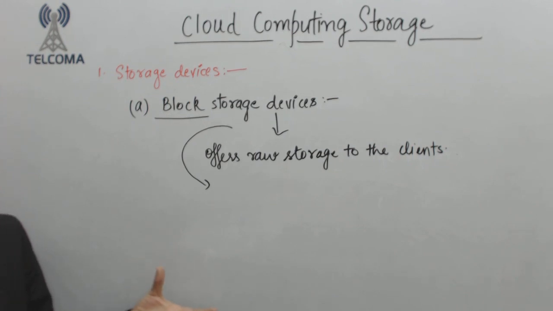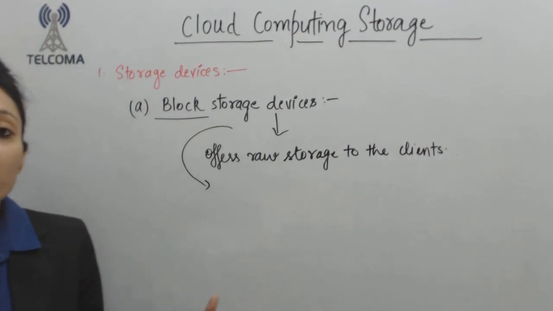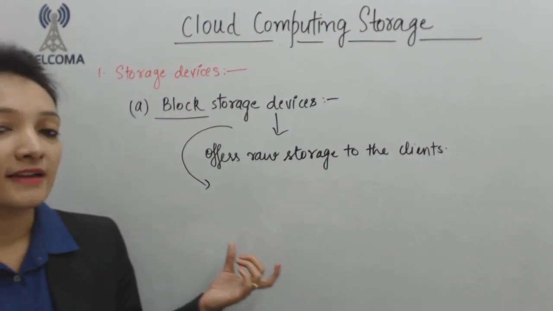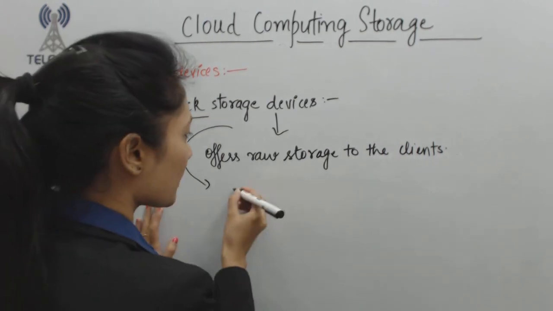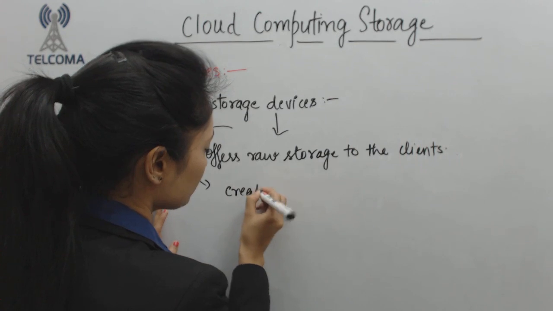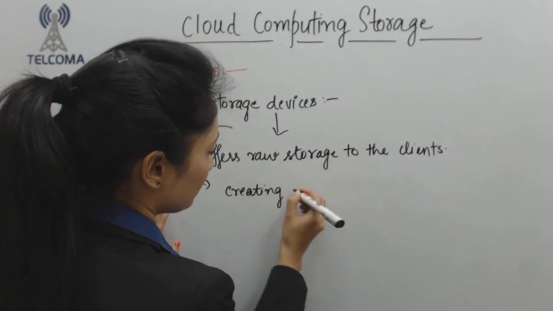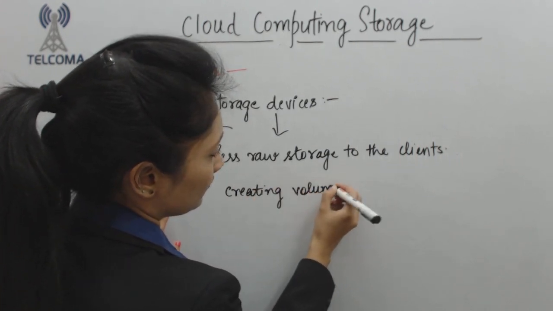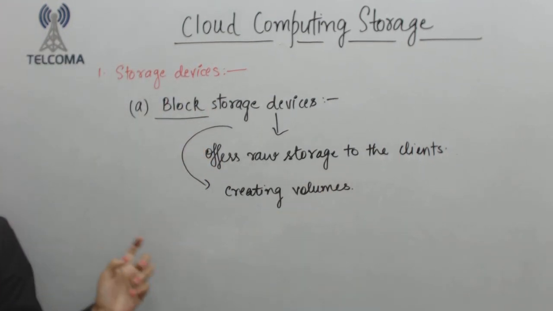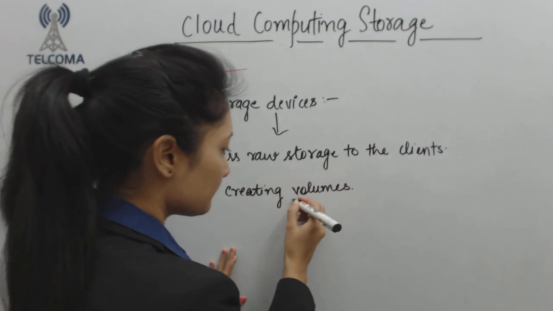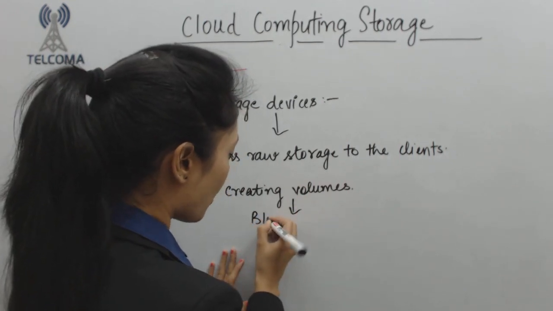So the very first property of the block storage devices is that we are partitioning it to create volumes. Creating volumes means we have a number of blocks.